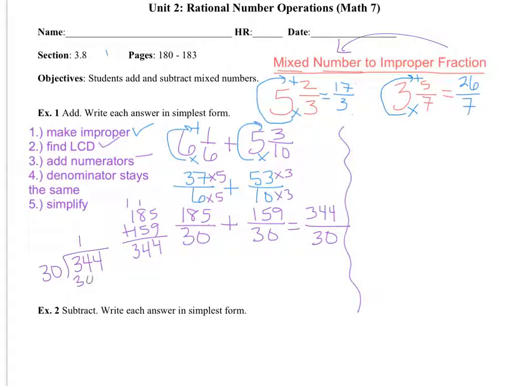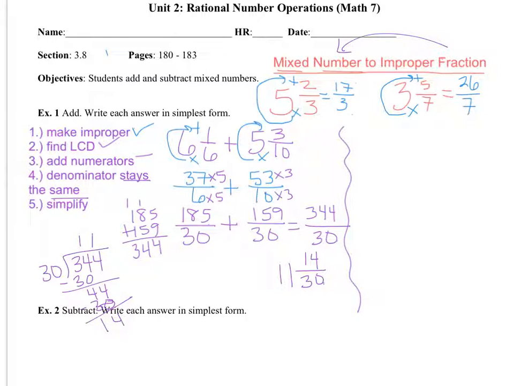So we know it goes in there once, which is 30, and then bring down the 44, which is one more time, and take out another 30. So it's going to go in there 11 whole times with 14 left over. And then our denominator doesn't change. It still stays the same.